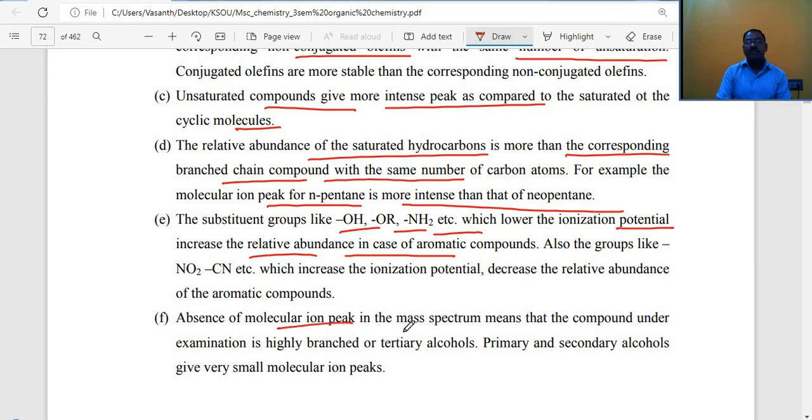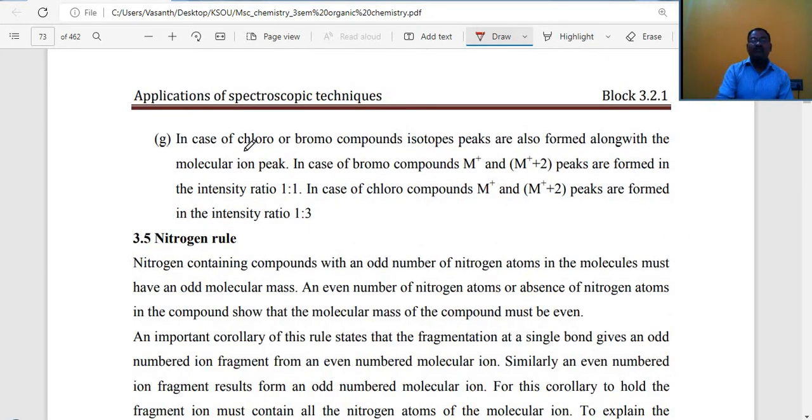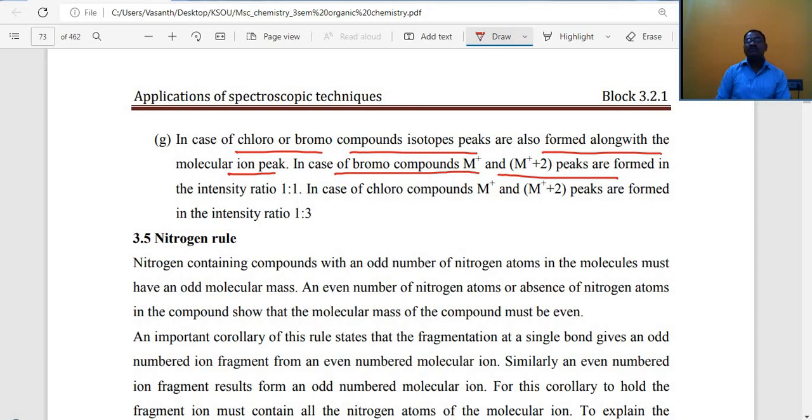The absence of a molecular ion peak in the mass spectrum means that the compound under examination is highly branched or a tertiary alcohol. In the case of chloro or bromo compounds, isotope peaks are also formed along with the molecular ion peak. In bromo compounds, M+ and M+2 peaks are formed in the intensity ratio 1:1. In chloro compounds, M+ and M+2 peaks are formed in the intensity ratio 3:1.